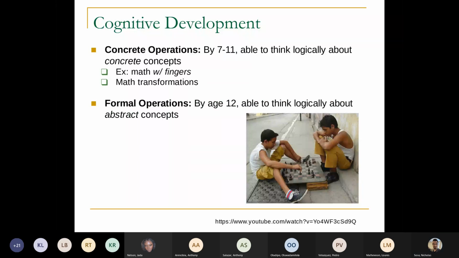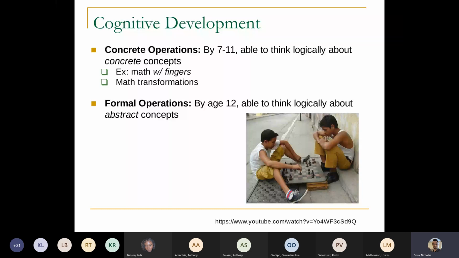Next, by the time children reach age 12, and of course moving into the teenage years, they enter into the formal operation stage, where they're now able to think quite logically about abstract concepts. So of course, the operative word here now is abstract.